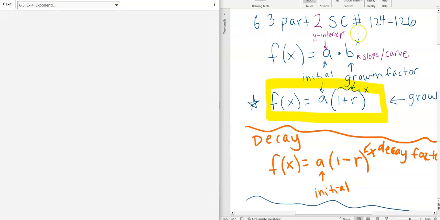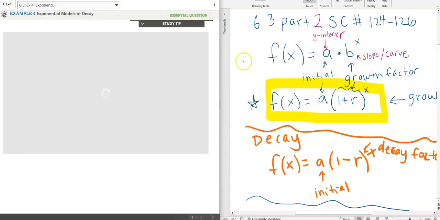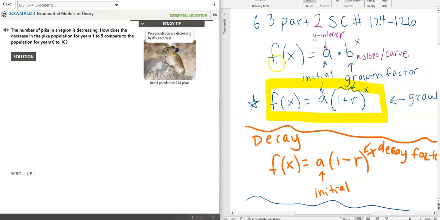Reviewing really quickly, this is our traditional exponential function. A represents our y-intercept, or our initial value, and b to the x power is kind of our slope, or what our curve is going to look like, how quickly it's going to curve up, or if it'll be a slow curve. The x means we have a constant rate where I'm multiplying a number over and over again for b.